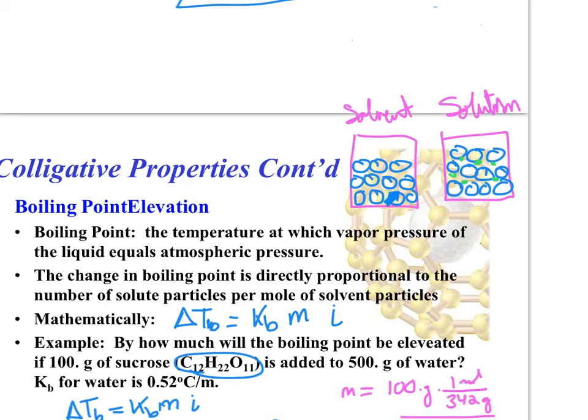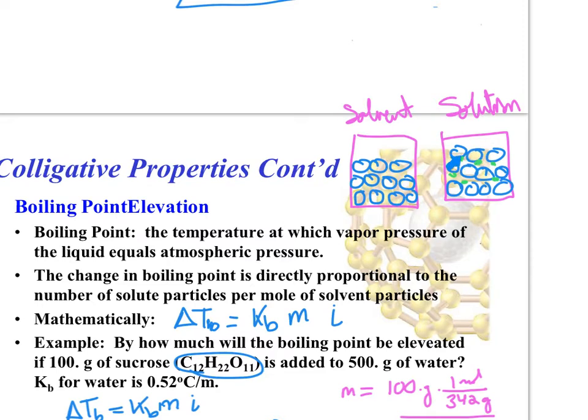The ones that are moving fast enough escape and become gas at the surface of that liquid. So comparing this versus this, the solvent versus the solution, if you think about it, in a solution, the solute particles are in the way, and so it is harder for these solvent particles in a solution to get to the surface and escape.